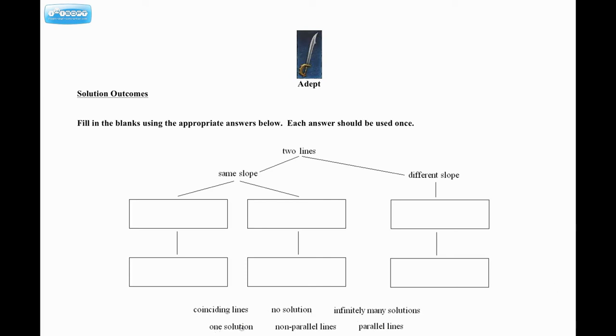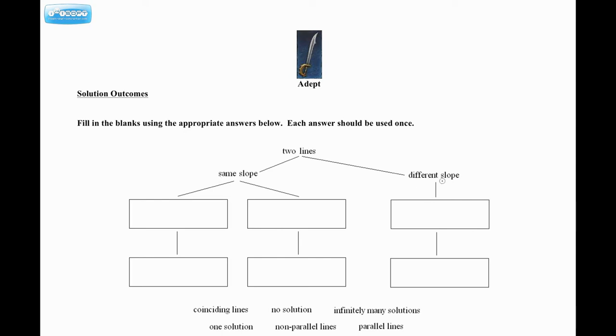So when we're solving a system of equations graphically, we have 2 lines and we graph them. When we're talking about the slope, there are 2 possibilities. Either their slopes are the same or they're not, hence they are different.